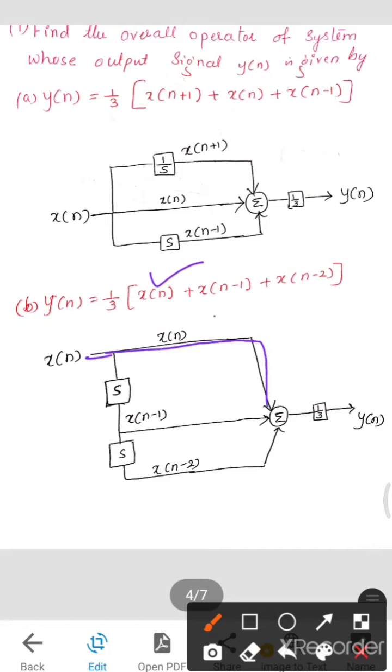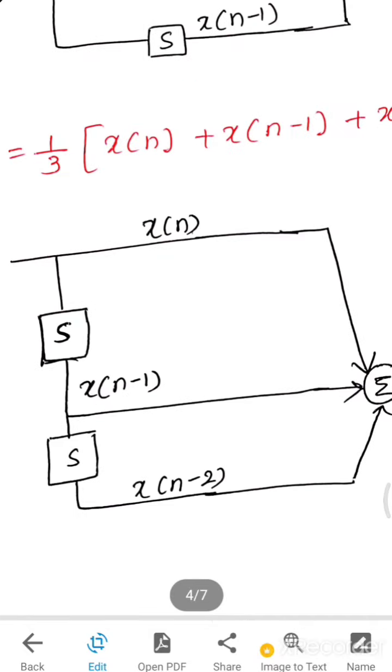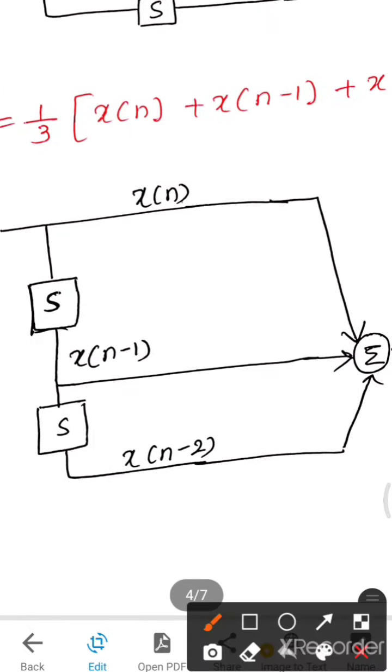Another one, x of n minus 1. There is no n plus, so for a single signal we can do a delay twice. Once you add a delay symbol, you get x of n minus 1, and then take another delay for the same thing, and you get x of n minus 2.